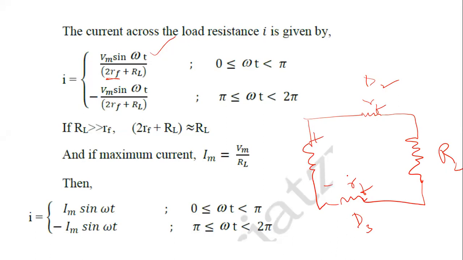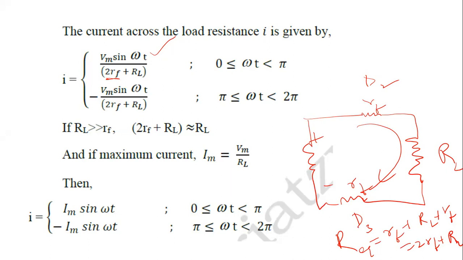This is how the circuit appears according to the current flow. It passes through diode D2 and diode D3, both having forward resistance of RF. So what is the equivalent resistance of this circuit? They are all connected in series, meaning RF plus RL plus RF. So it will be 2RF plus RL.